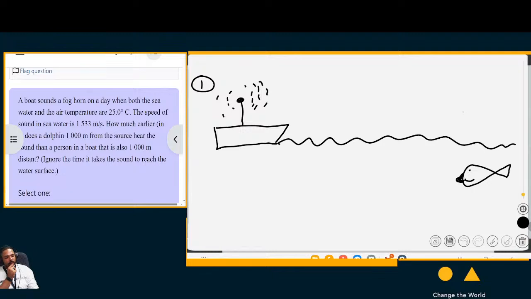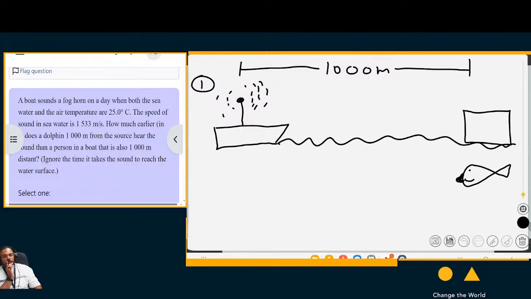And then here is another person on a boat. This person is on some barge. Call it a barge. This person is also 1,000 meters away. The question is, sound travels through the air to this person here on the boat.